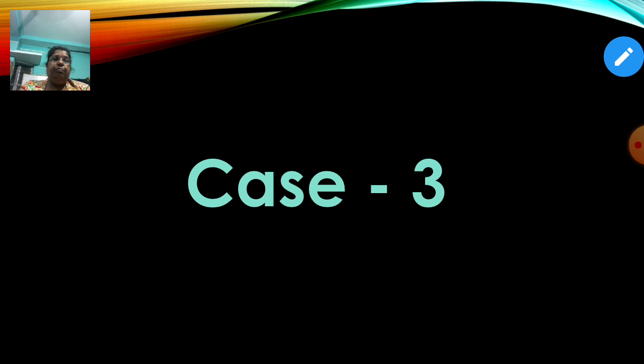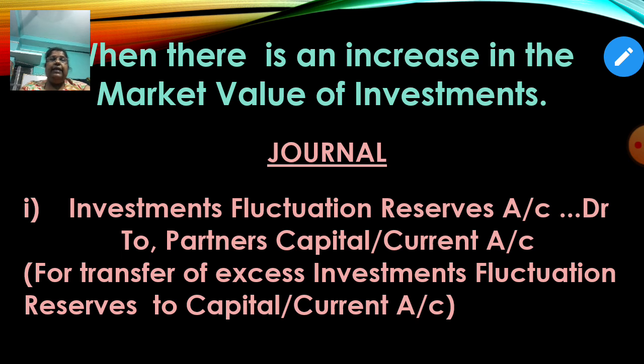And case 3. This is the last case. This case says that when there is an increase in the market value of investment, that is, suppose I have invested 50,000 and the book value is showing 50,000, but the market value has gone up to, say, 55,000.